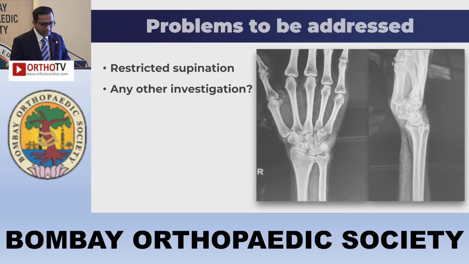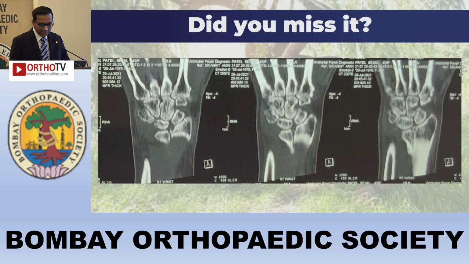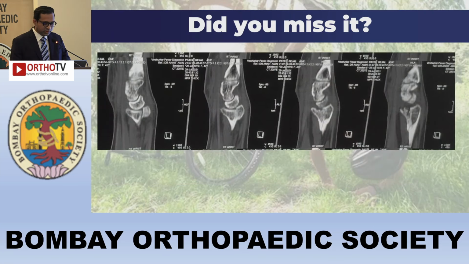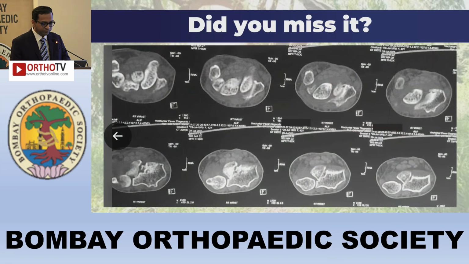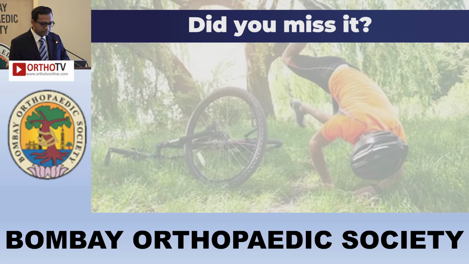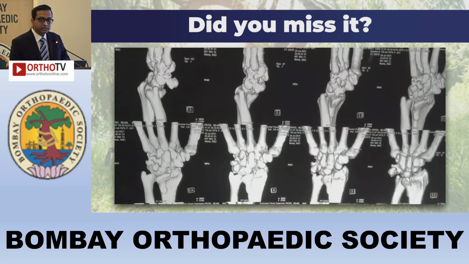All right. Done CT. So you can see there is a volar facet malunion. Another view. Here is the 3D.